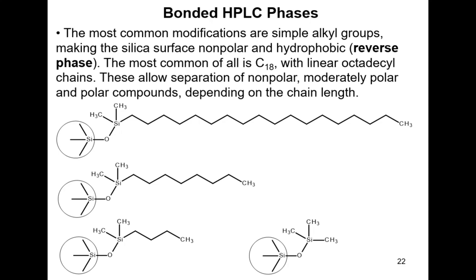So these would generally be abbreviated as C18 silica, C8 silica, C4, just with a butyl group, occasionally used. And you can just use a methyl group, the smallest possible hydrocarbon group. I don't think that's terribly common to use though.